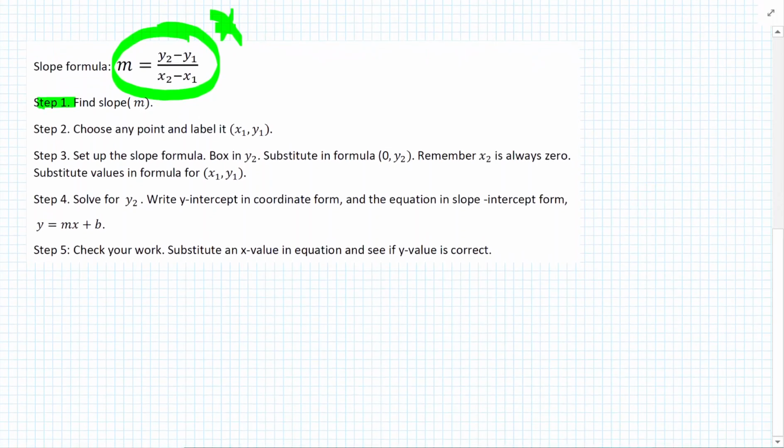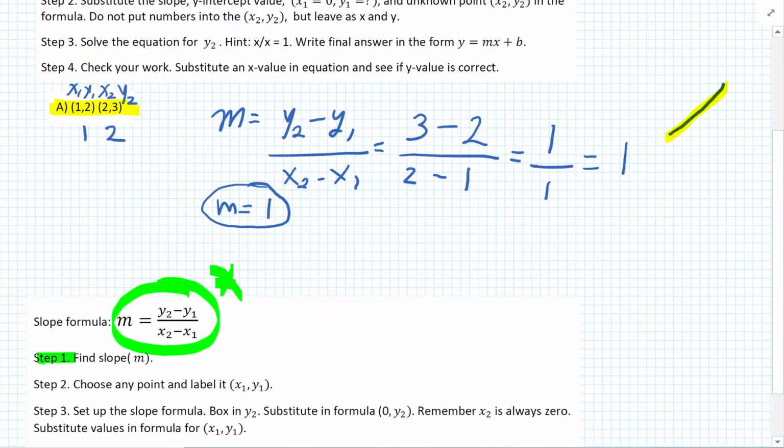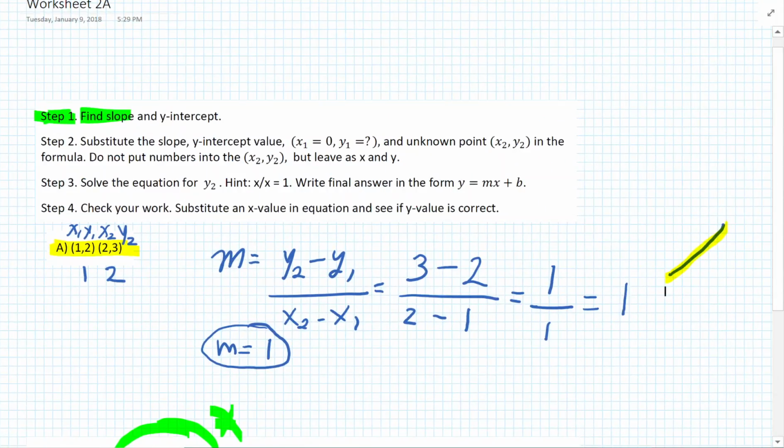We've done step 1. And now we're going to find the y-intercept.